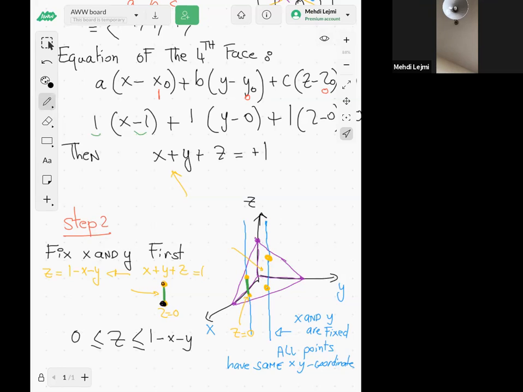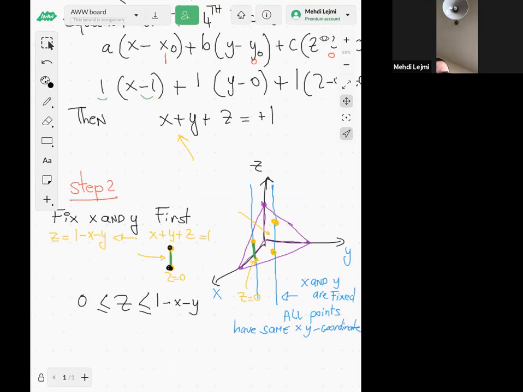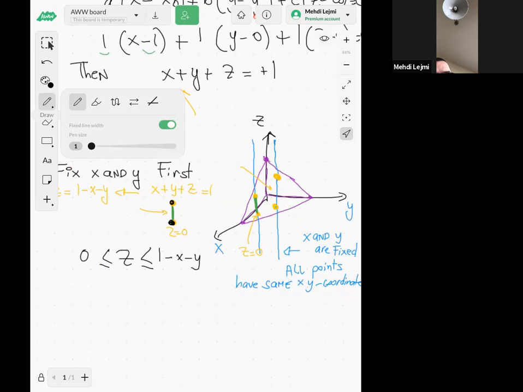The point at the top belongs to the plane X plus Y plus Z equals 1. Then I solve for Z and got the bounds for Z. So my Z is between two functions of X and Y: this is g of x and y, and this is h of x and y.